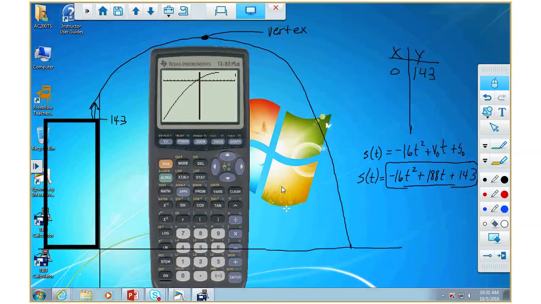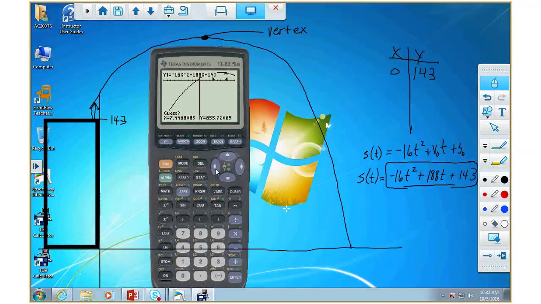So now I'm going to hit second trace, max, and narrow the field down by putting in a left value and a right value. My left value I'm going to make is 4.2. My right value is going to be 7.